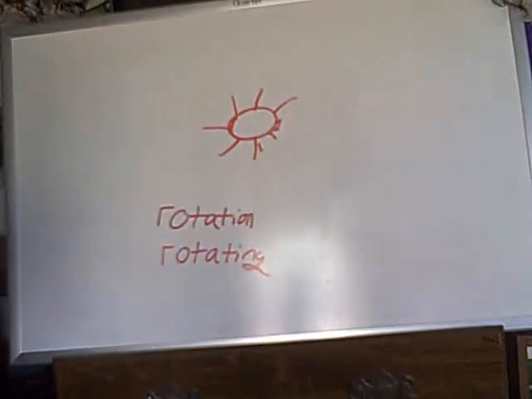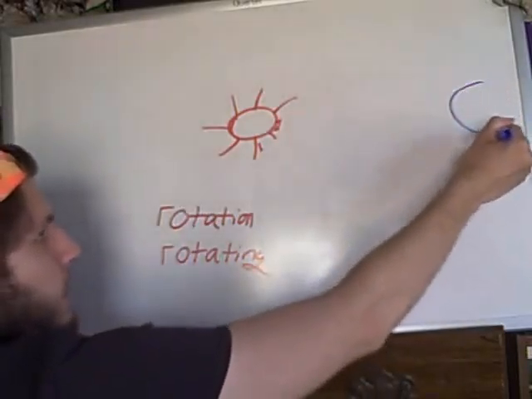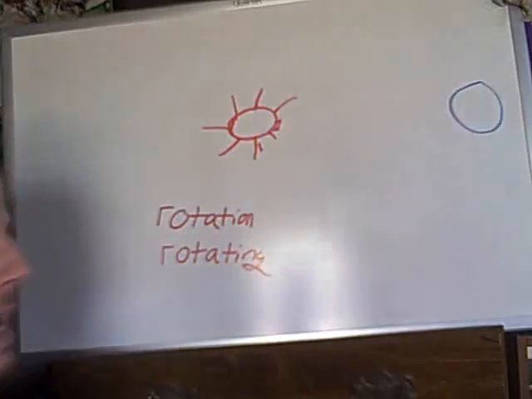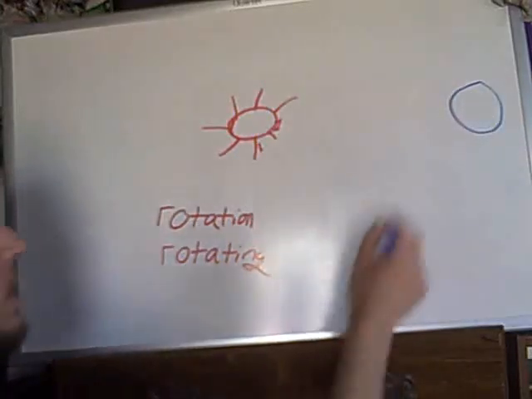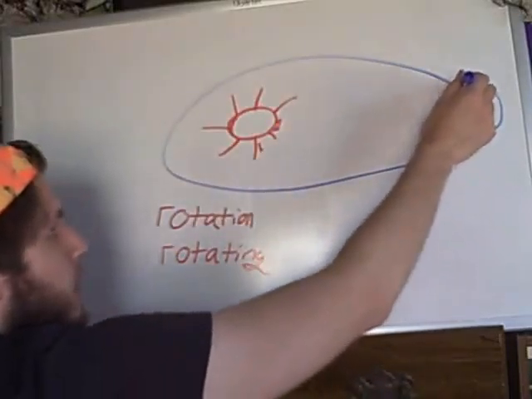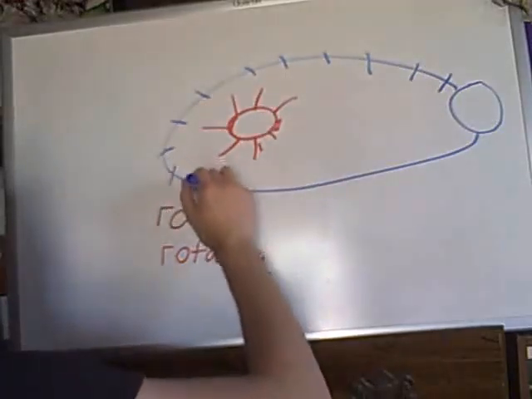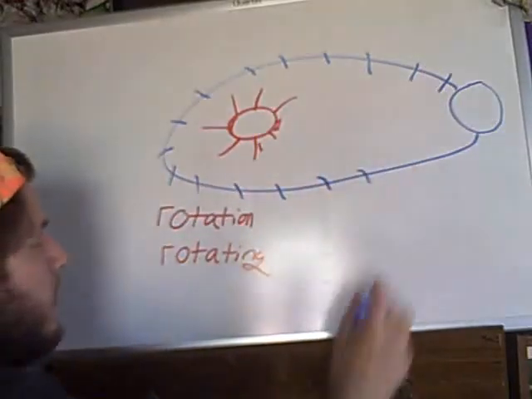Another thing that causes us to feel the warmth of the sun is our location. During the winter time, we are far away from the sun. But as the seasons change, the earth moves closer and closer and closer to the sun.